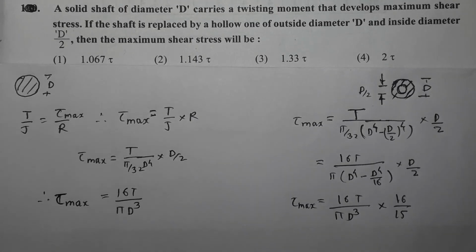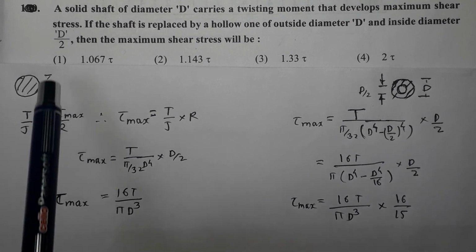Next question: a solid shaft of diameter capital D carries a twisting moment that develops maximum shear stress. If the shaft is replaced by a hollow one of outside diameter capital D and inside diameter capital D by 2, then the maximum shear stress will be. Now here there are two cases.